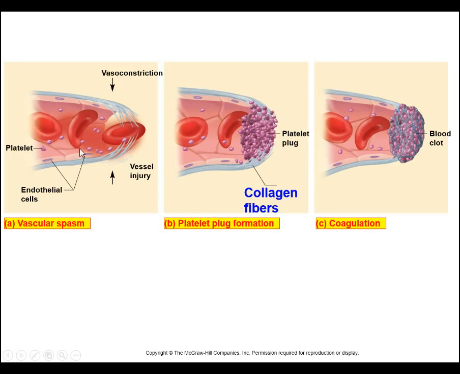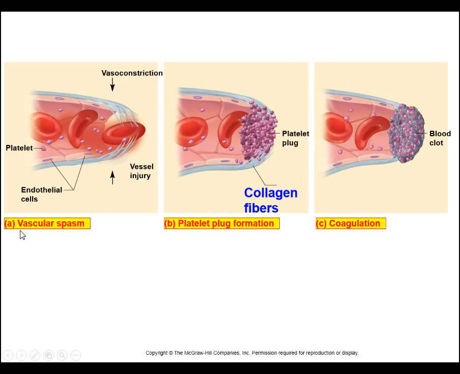A smooth endothelial surface will be coated with what we call prostacyclin, and that gives the platelets a clear message that everything's fine, blood's flowing fine, and that the endothelial wall is intact. However, if collagen fibers are exposed, that's going to give them a signal that things aren't right. We've got some problems.